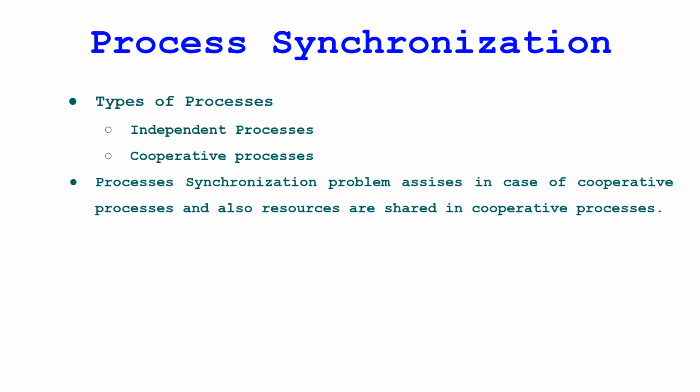But cooperative processes might share data, code, and resources like the CPU, memory, and printer. Independent processes execute independently. The process synchronization problem arises in the case of cooperative processes, where resources are shared.